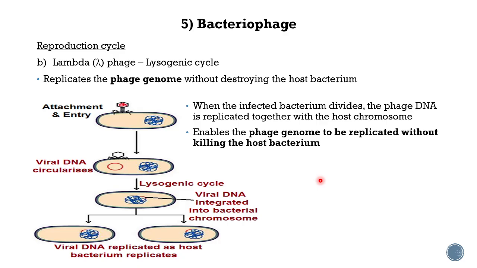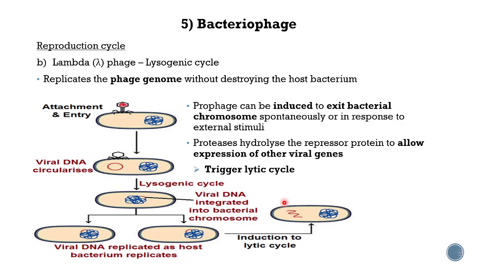So when one parental cell divides into two daughter cells, both daughter cells also contain the viral DNA, or the prophage. Just with one virus infecting one cell, after the cell divides, there are now two bacterial cells containing the prophage. As you can imagine, when these two cells continue to divide, there will be more and more cells that contain the prophage. That's the beauty, or the advantage, of the lysogenic cycle.